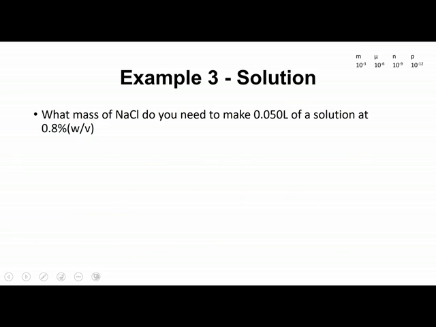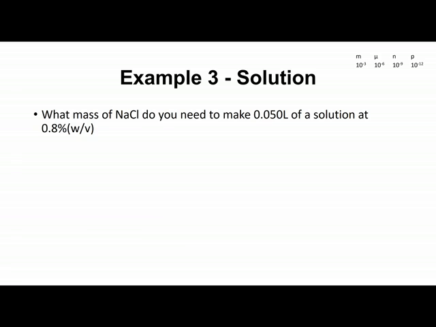All right, let's go through one last example here. In this case, what mass of sodium chloride do you need to make 0.050 liters of a solution that has a final concentration, which in this case is not expressed in molarity or millimolarity, but is expressed in percent weight over volume. This concentration too is explained to you on the screencast on solution and dilutions.